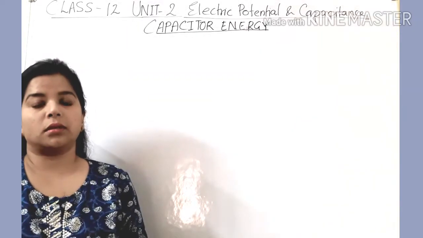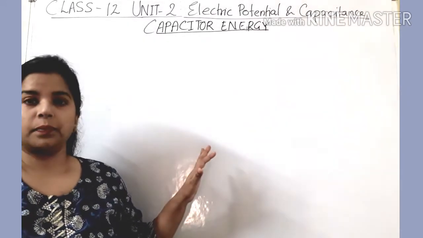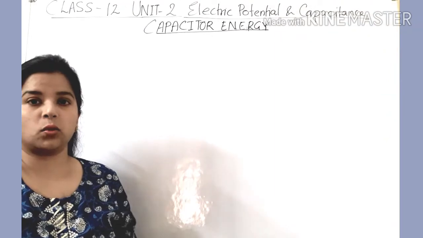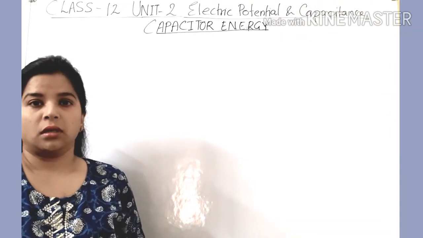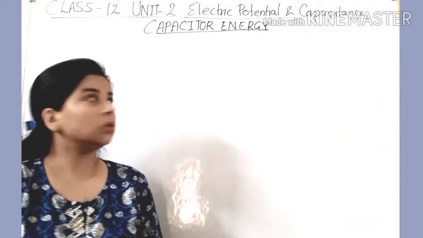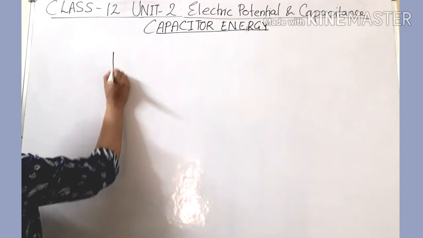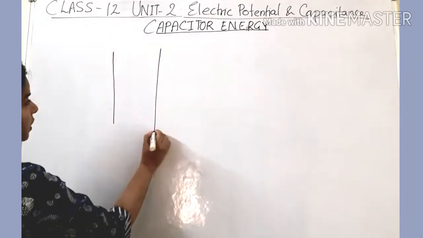So today I want to discuss electrical energy only, regarding the storage of the capacitor, the end point of this capacitor chapter. To find out the energy, initially we take a parallel plate capacitor.